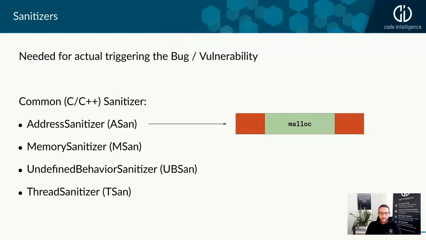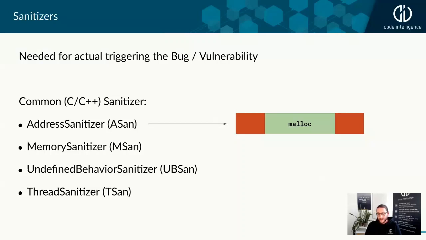These sanitizers usually slow down your application, sometimes significantly. So this is a reason why you wouldn't use them in a normal scenario, but for fuzzing, where the goal is to find these kinds of bugs, and we will see later on what kind of bugs you can actually find with a different sanitizer, it's something you should do. And they are really super optimized.